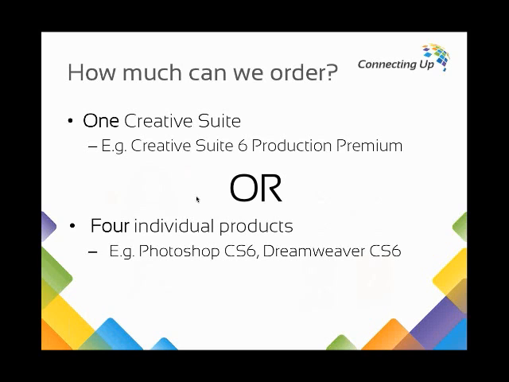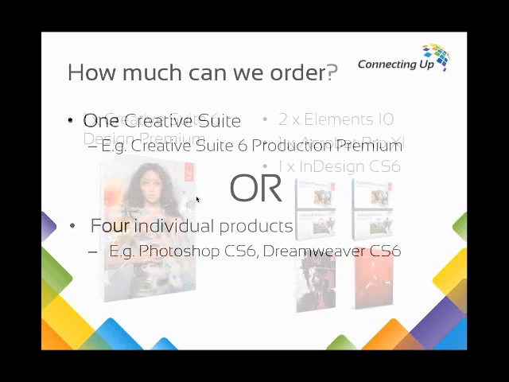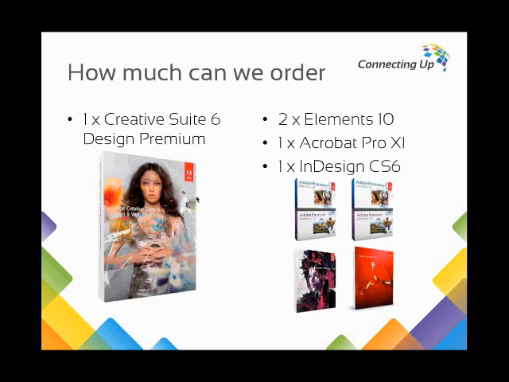So to give you an idea of what that looks like, you have the one copy of CS6 Design Premium, which is a pretty common product. Or you might want 2 copies of Elements, a copy of Acrobat, and a copy of InDesign. So I will go through in more detail what all of these products are later on.